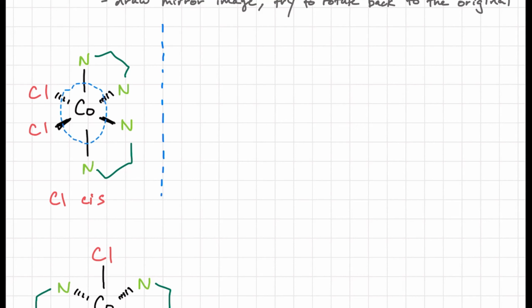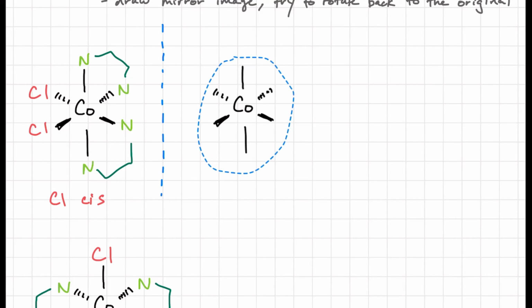So if I were to copy this over here, and I'll just have more of these ready. Okay. So the way I do this, if the chlorines are on the very left side of the molecule, then if I reflect it or take the mirror image, it's going to go to the very right side here.